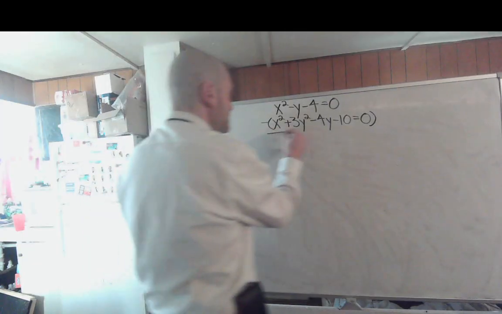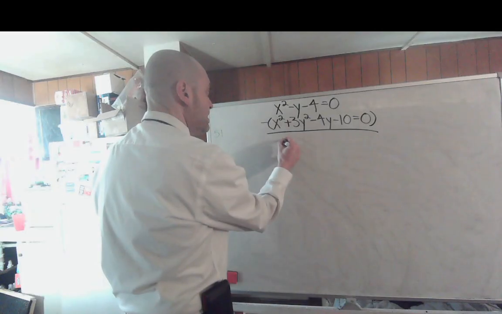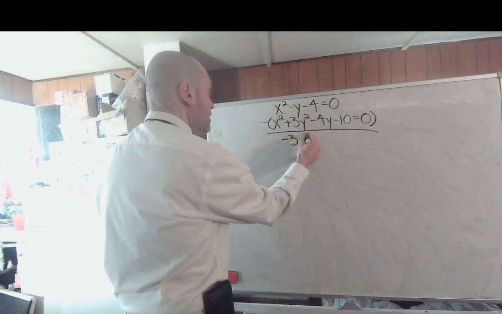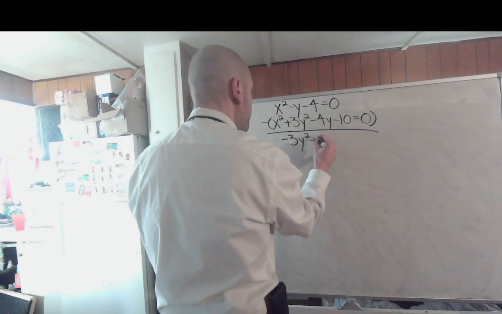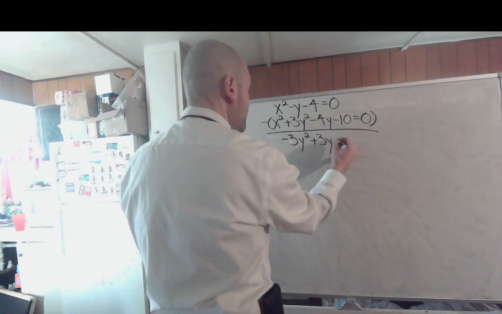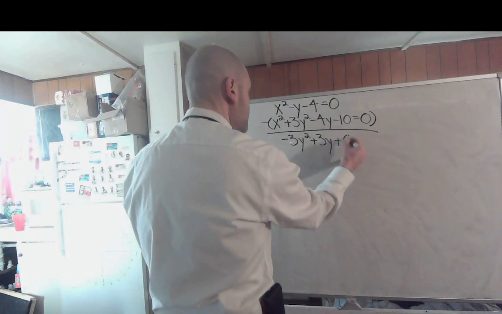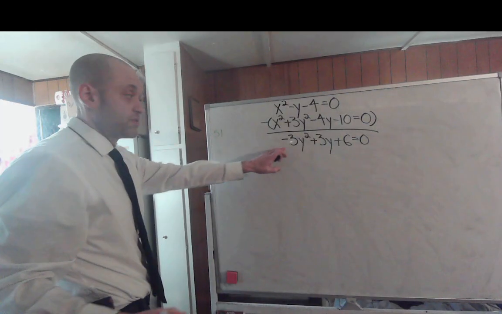So if you subtract the second from the first, the x terms are gone. You'll end up getting negative 3y squared. Now negative y plus 4y, that's positive 3y. And then negative 4 plus 10, that is plus 6, would equal 0. Well, you can factor out a common negative 3 from this, right?